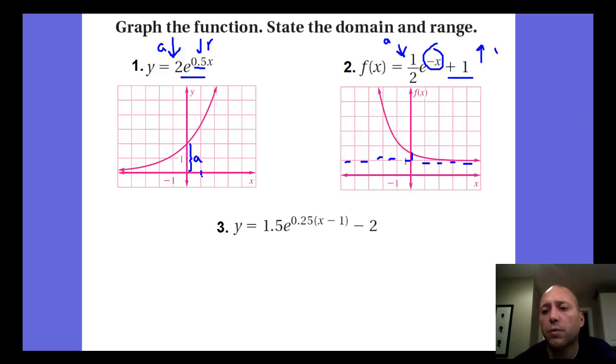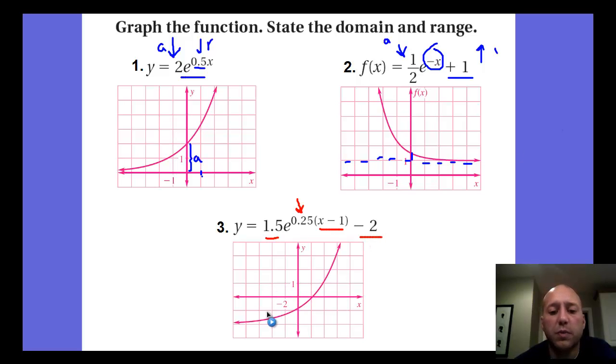And the last one here, this one now has an h value and a k value. 1.5 is our a value, 0.25 is our r value. So this is going to be growth. There's no negative exponent here, so x minus 1 just shifts it right. And so we know down 2 is our horizontal asymptote.